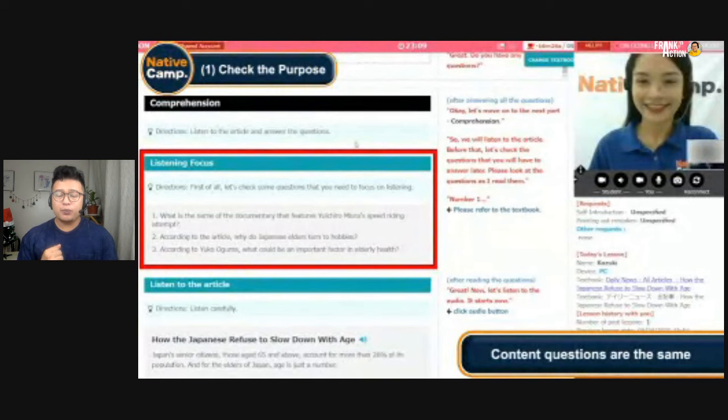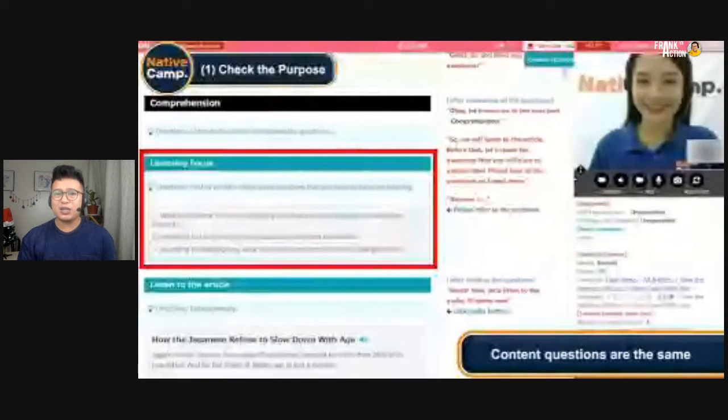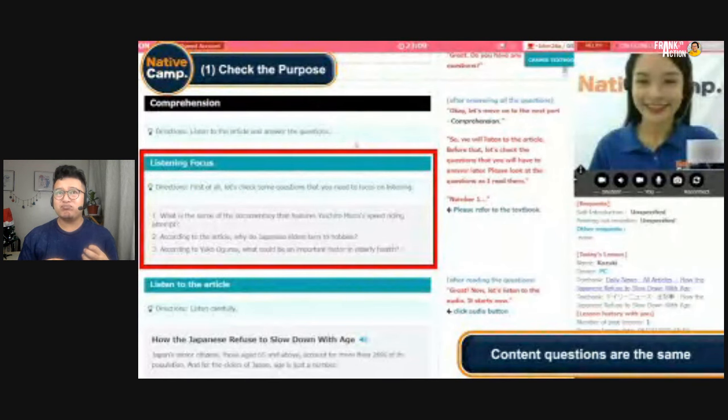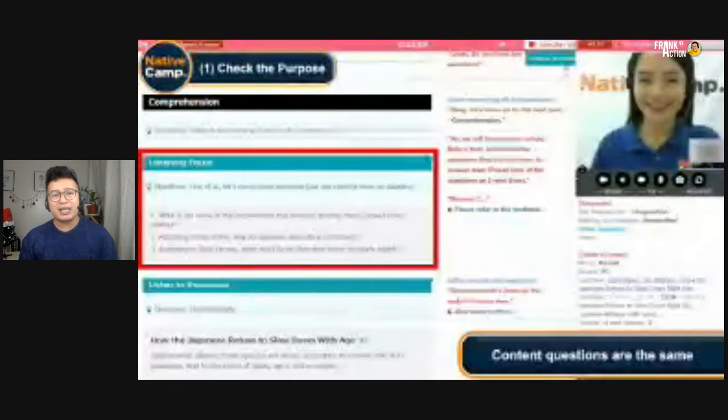This is very important so that while the student is listening to the audio, he or she already has an idea of the important pieces of information or data that the article provides and will later be asked to answer. So that's very important.